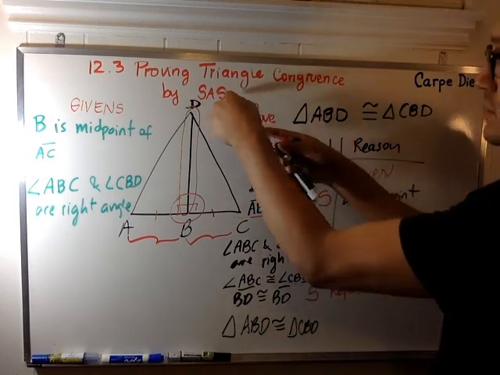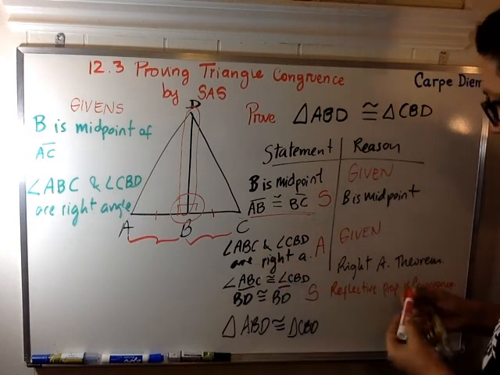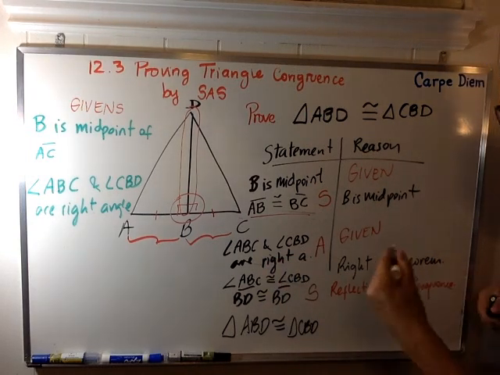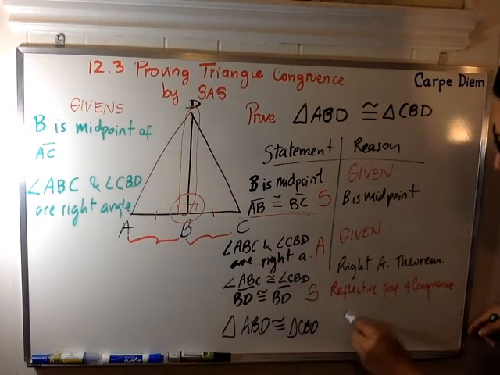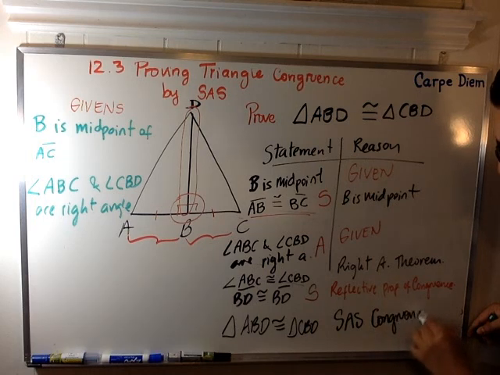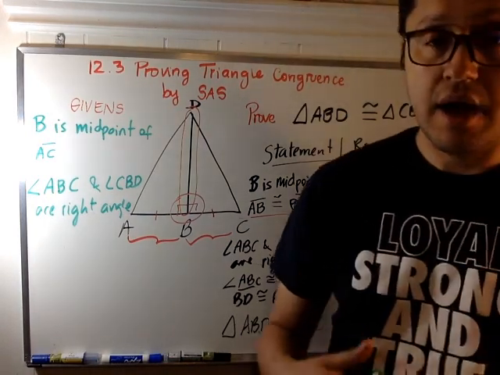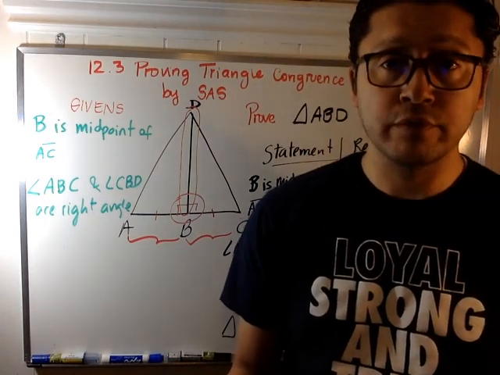Because I am using the side angle side theorem of triangle congruence. So the reason is SAS Congruence Theorem, all right? And with that, I am done with my proof, okay?